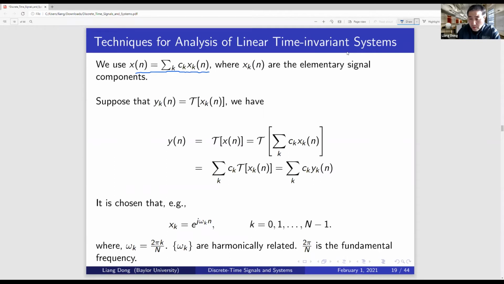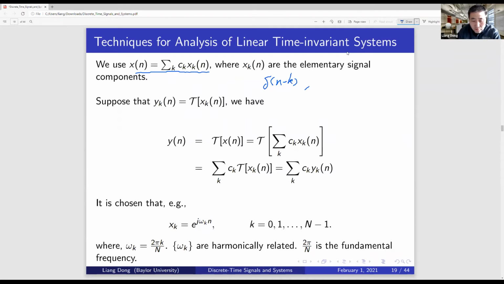Now, we know there are a few of those so-called elementary signal components. Two of those we use quite often. One is the delta function, delta[n minus k]. This is just a delta function that has a valid value at time n equal to k. We can use that as an elementary signal component.